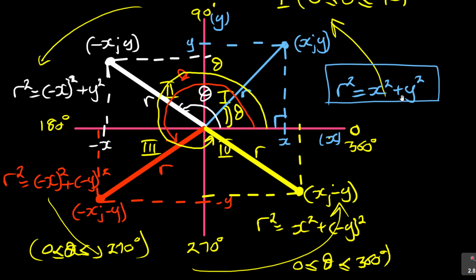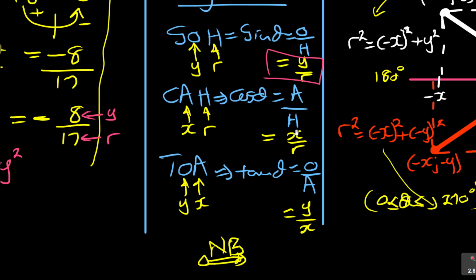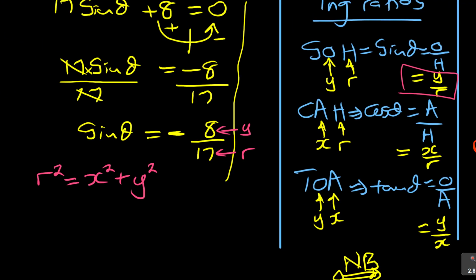Remember we wrote it. You need then to find your x. So r squared is equal to x squared plus y squared, which we don't know. Actually, in this case, we are already given r. What is r? r will be 17 squared. Always put brackets. Is equal to x squared, we don't know, plus y squared.